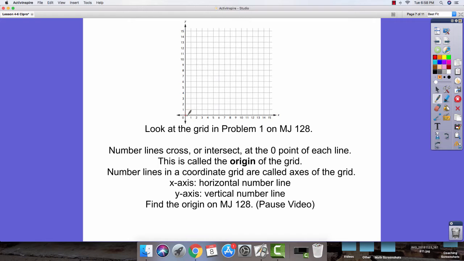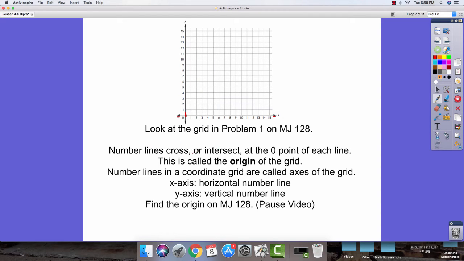I have one line going this way, and you know it's a line because it has arrows on both ends, meaning it's going on forever. And I have another line that is perpendicular. Perpendicular means it intersects, so it intersects right here. So that's perpendicular to my line that's going horizontally right here. So I have two lines, and they formed a grid, okay?